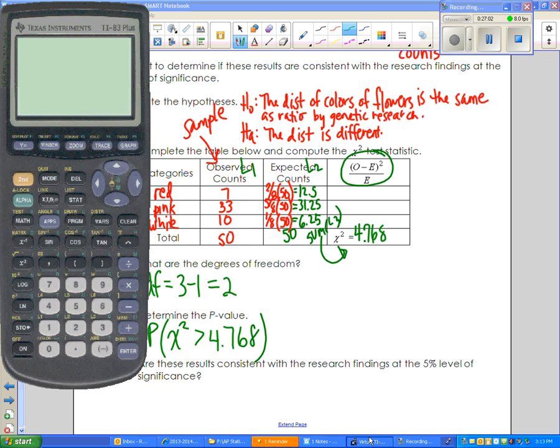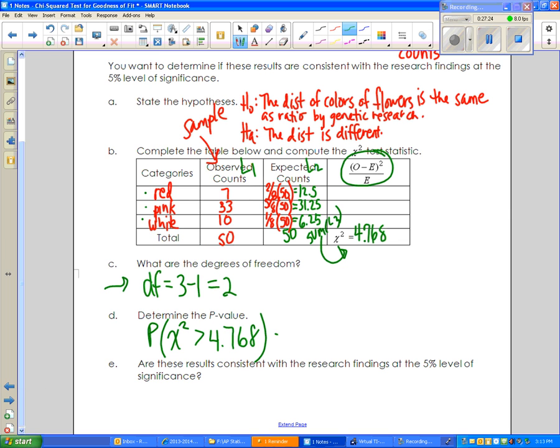And so we can do this on the calculator. Again, we're going to go to second distribution. I'm going to choose my chi-squared CDF. My lower bound is 4.768. My upper bound is infinity, or 99999, and my degrees of freedom are 2. And we get 0.092.